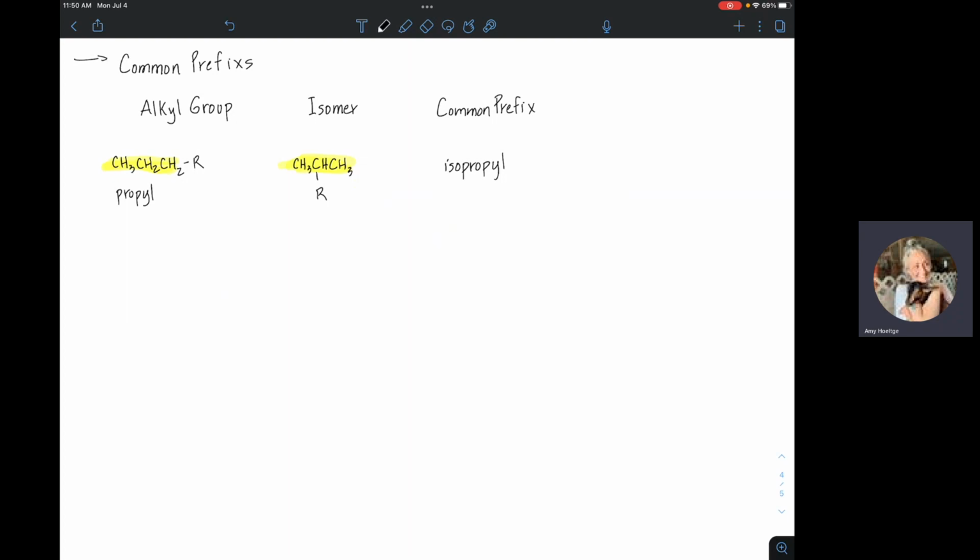The butyl family has a few examples. So we've got N-butyl. So here's our N-butyl group.